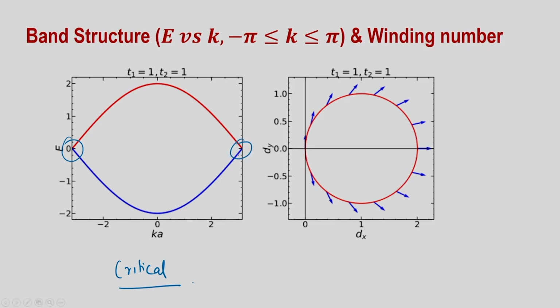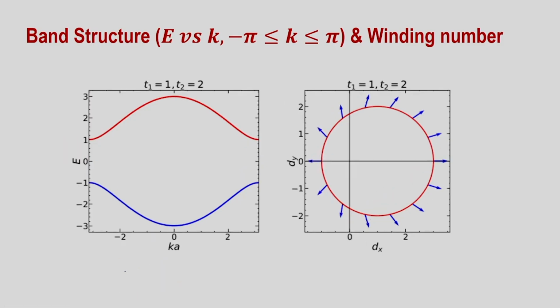The dx-dy circle just touches the singular point or the exceptional point, which is k equal to 0. So this is the k equal to 0 point, and it doesn't enclose it. Again, these dx-dy directions are shown like this. This will correspond to the topological phase.